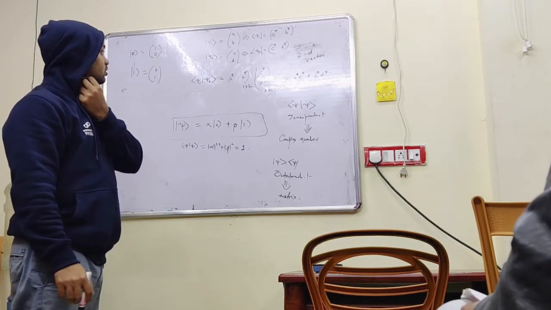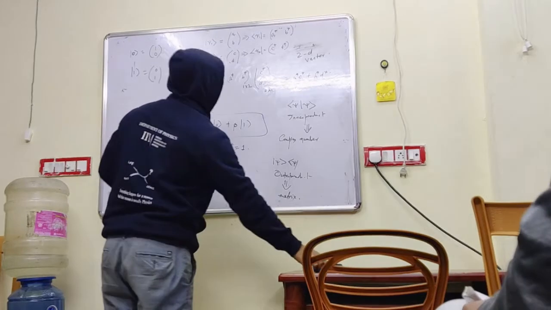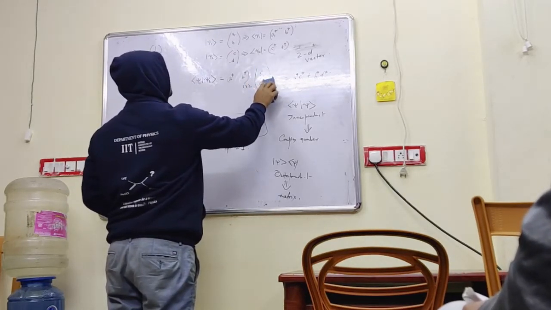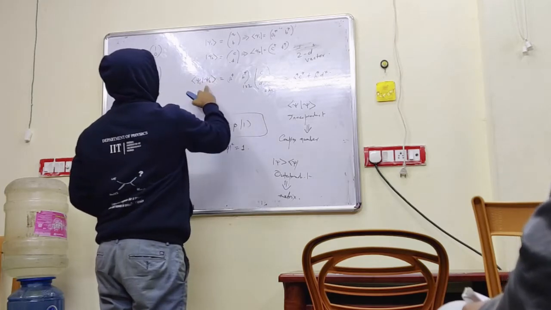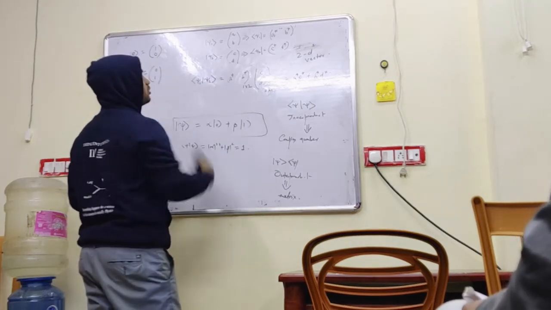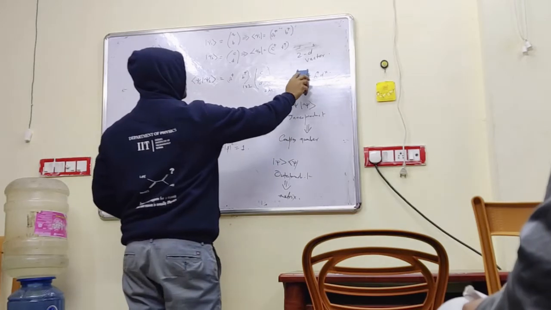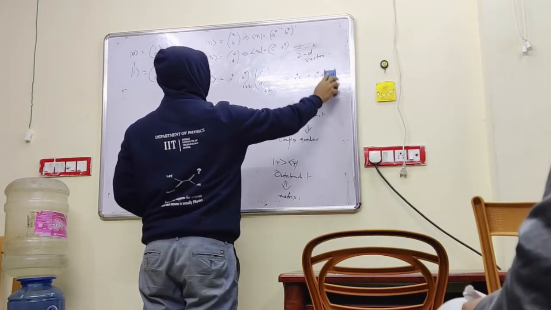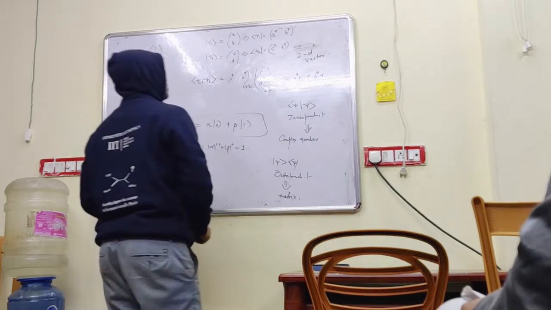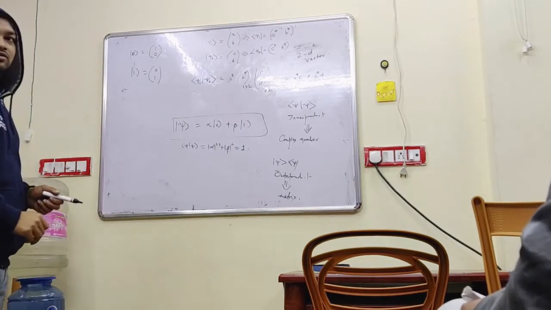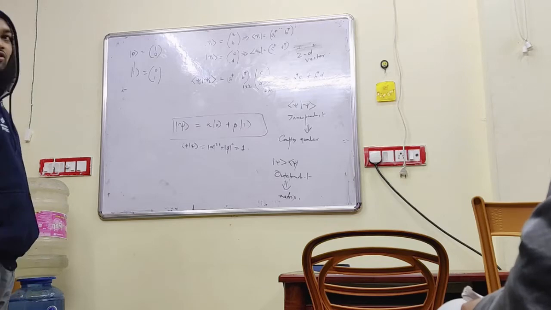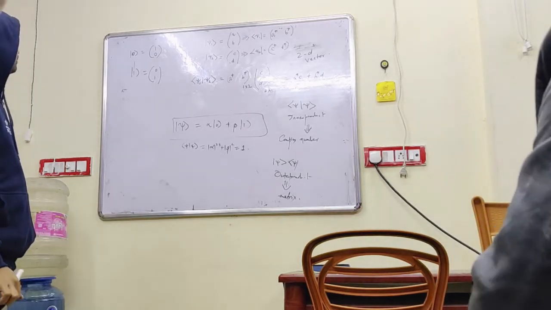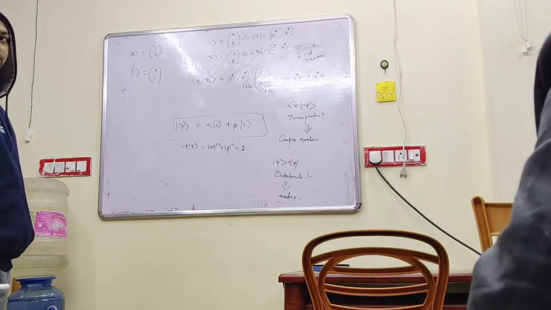The C star won't be there, since psi 2 ket is C and D, right? Clear? Have I done anything wrong? No? Okay.